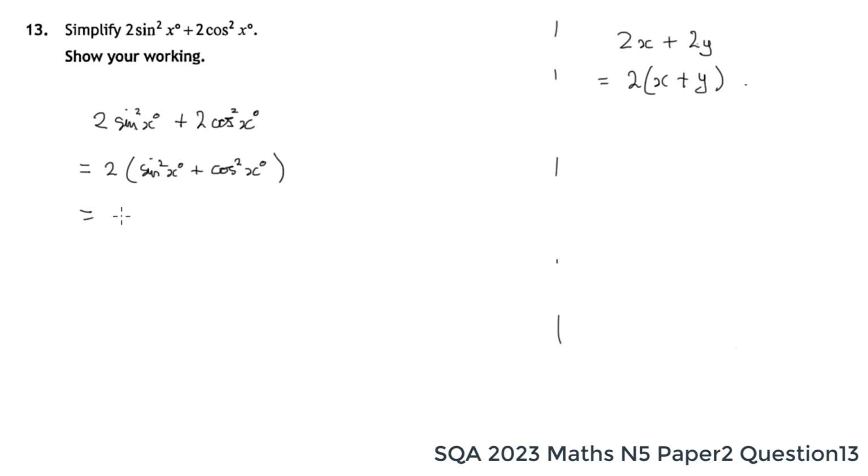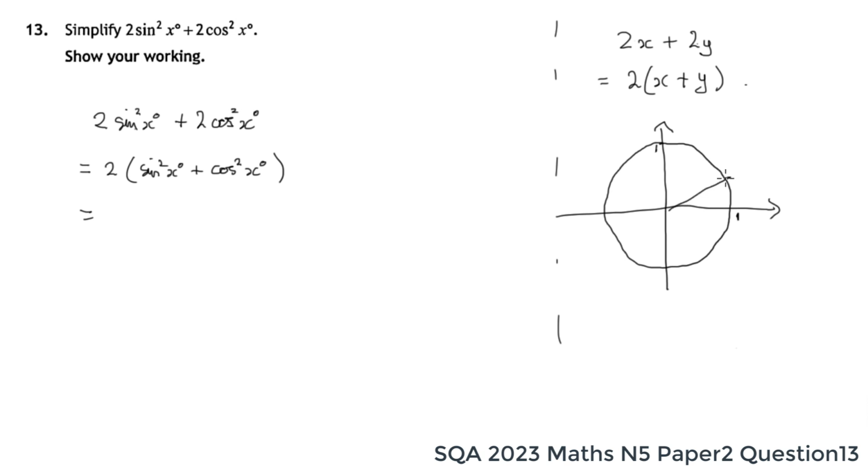Now that should ring a bell as one of the trig formulas that you've learnt. It's useful to remember the unit circle. That's a circle that has a radius of 1.